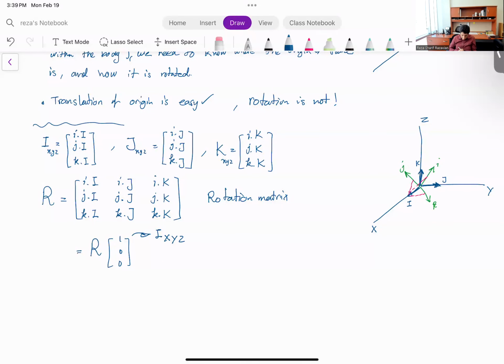And if you do this, you'll notice what we get is the first column, so I in the XYZ frame. Let me write this too. If you have any vector r and you multiply by the rotation matrix, you get the vector components in the rotated frame.